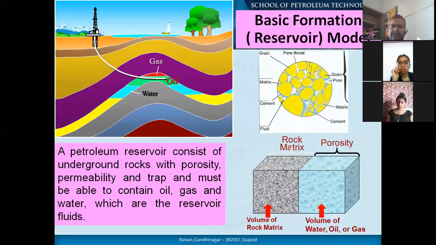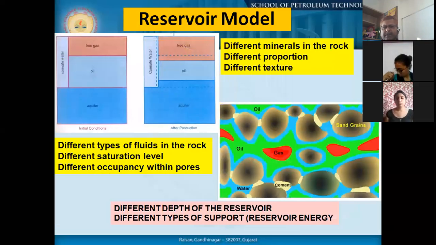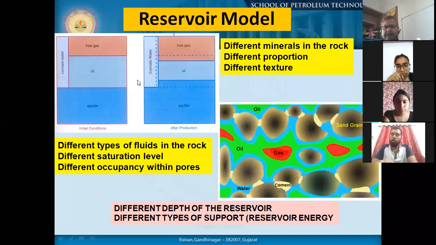If I go to the next slide, you can see this is the whole reservoir. It is a saturated reservoir where you have a gas cap, then an oil zone, and a bottom water drive. Once you start production, you can see the different volume changes that we discussed in our material balance calculation.